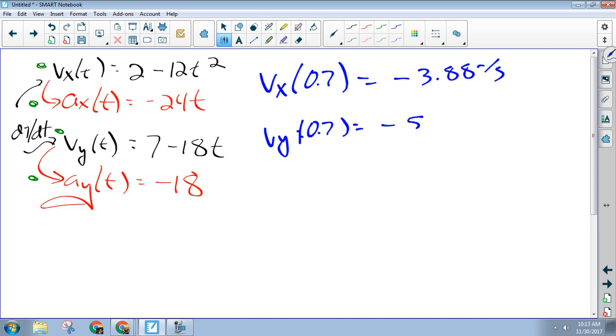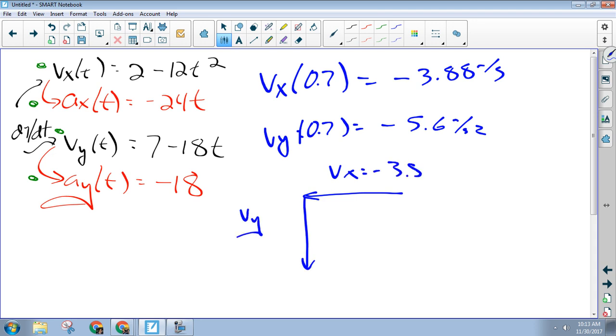That gives you negative 5.6 meters a second. So the velocity should have been, what did we want? Just the direction? So all I need is the angle, right? Yeah. So this angle, if you figure it out, inverse tangent of 5.6 divided by 3.88, is 55.3 degrees below the negative x-axis, I guess is how you'd say that.